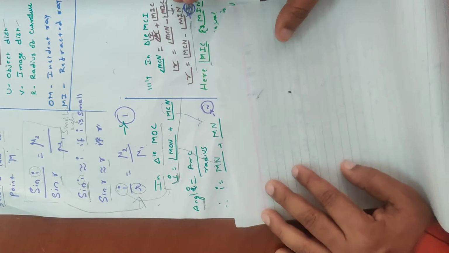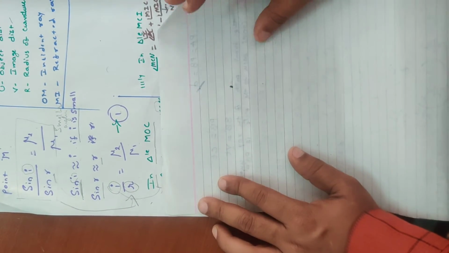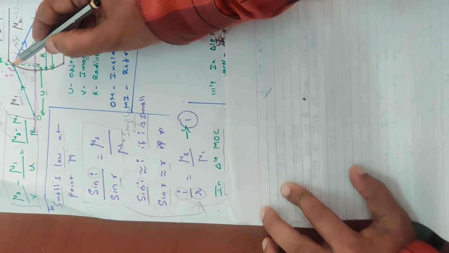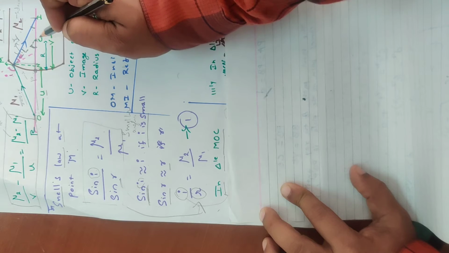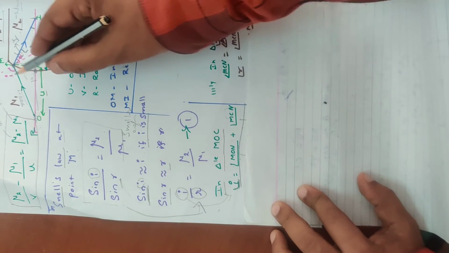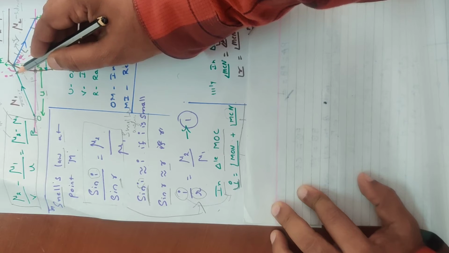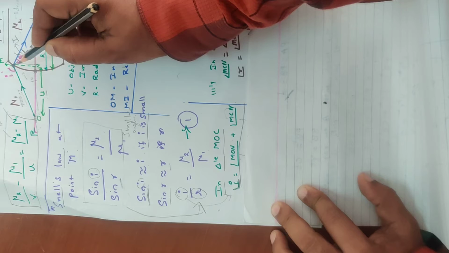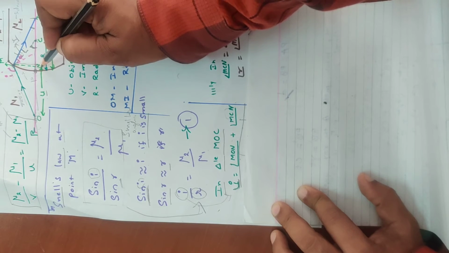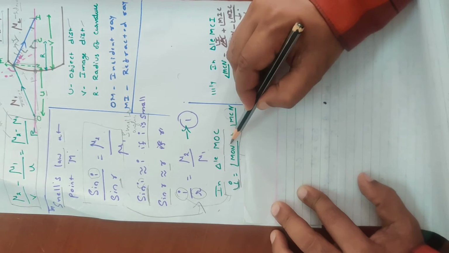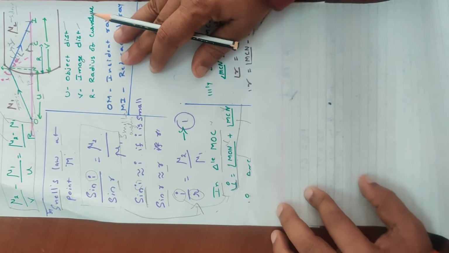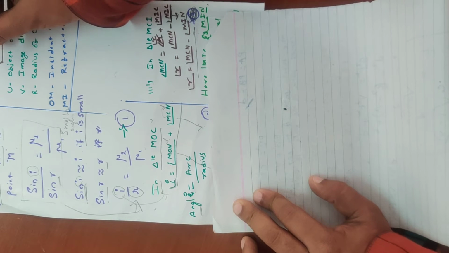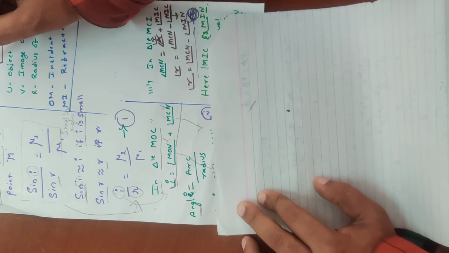Now for the triangle MOC, the angle of incidence i is equal to angle MON plus angle MCN. As we know, an angle is equal to arc divided by radius.